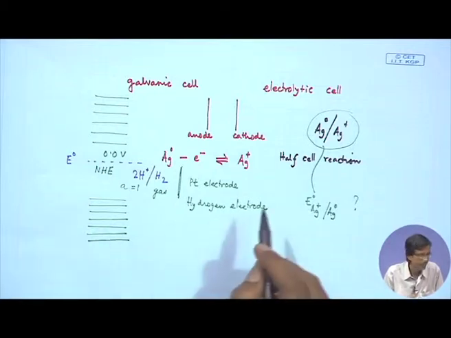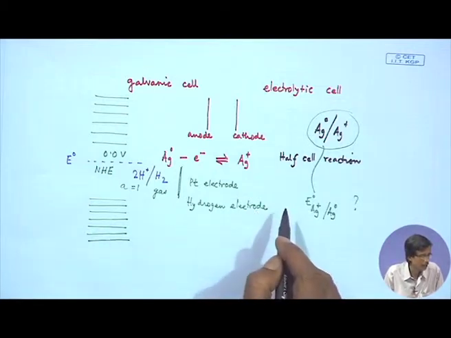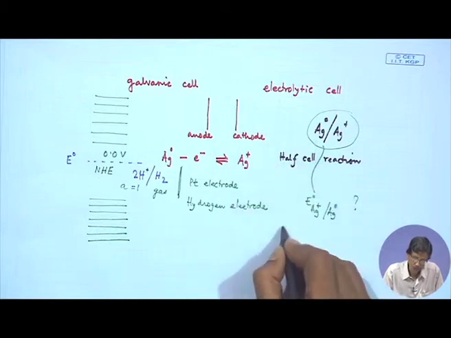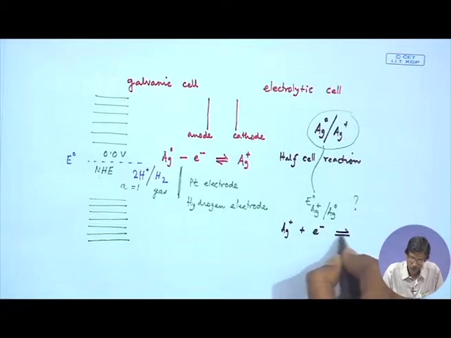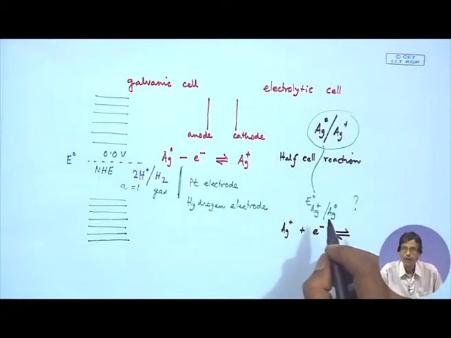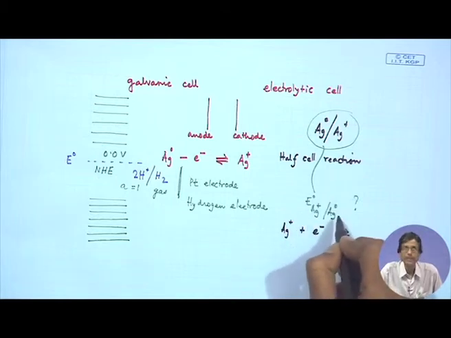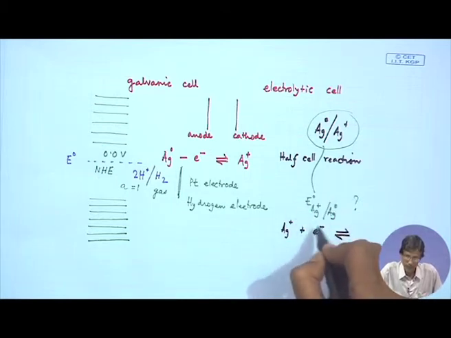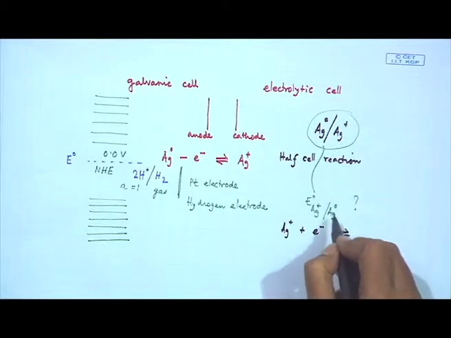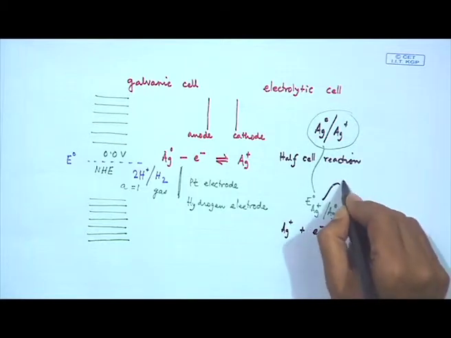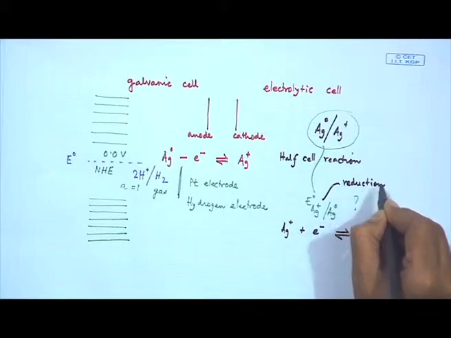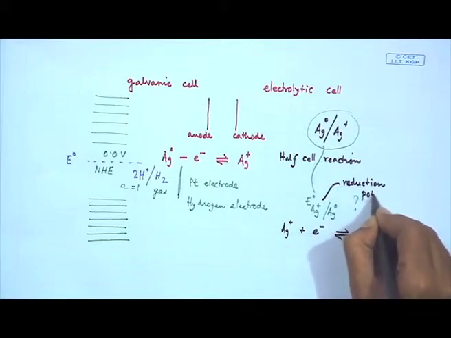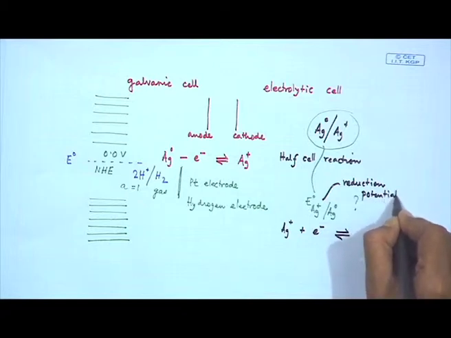So, if we connect this cell, the cell for your silver ion, we are talking in terms of reduction reactions, because this is the standard convention for reporting: the reduction potential.